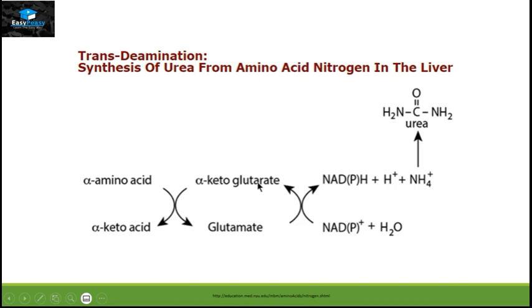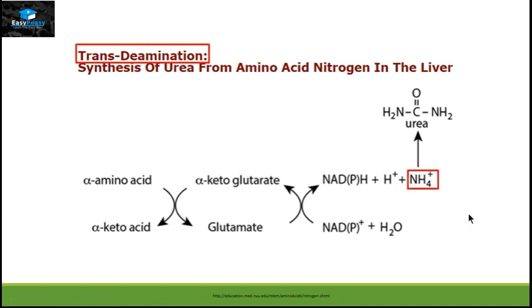So in the body system, to maintain the supply of alpha ketoglutarate and glutamate, this reaction has a symbiotic relationship with NAD, which is converted to NADH, so that transamination and deamination can take place.